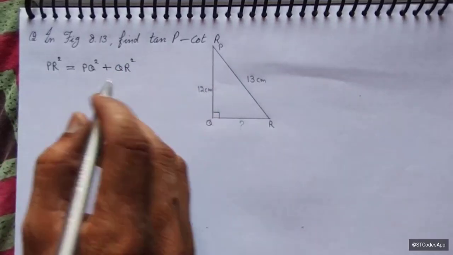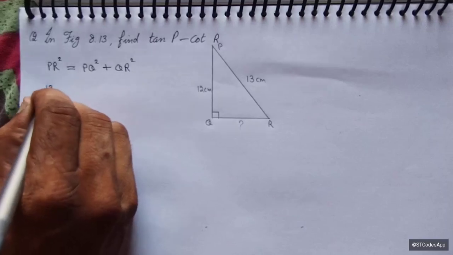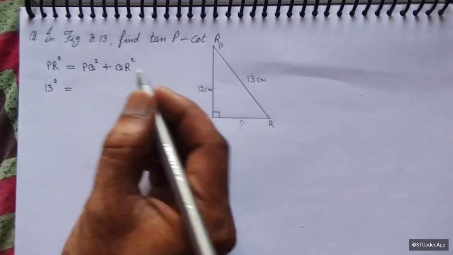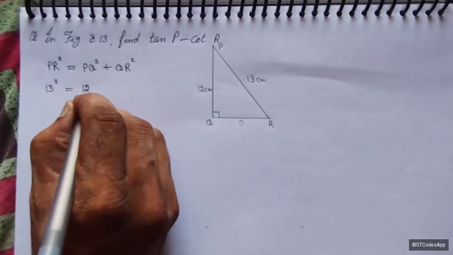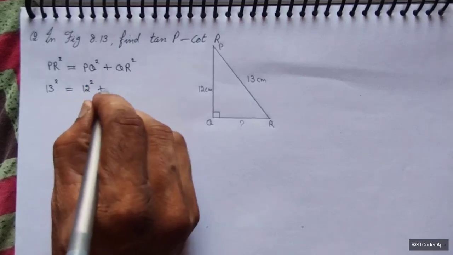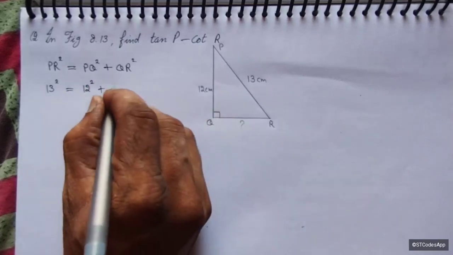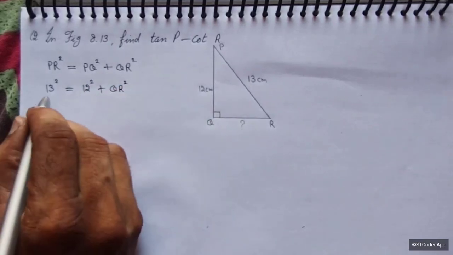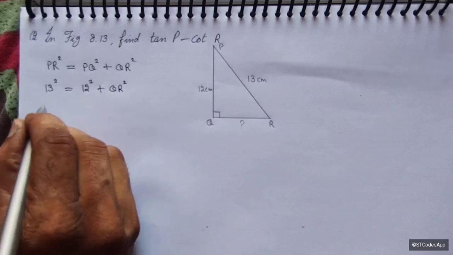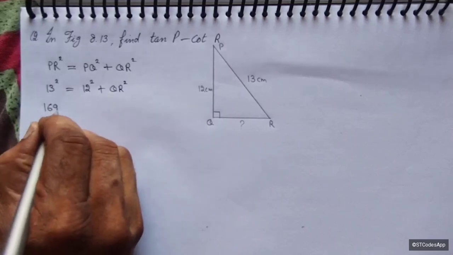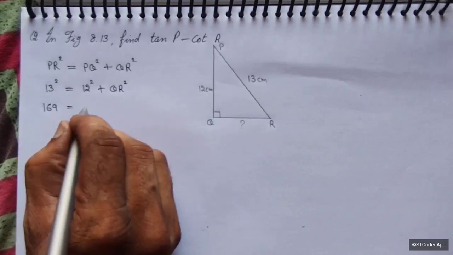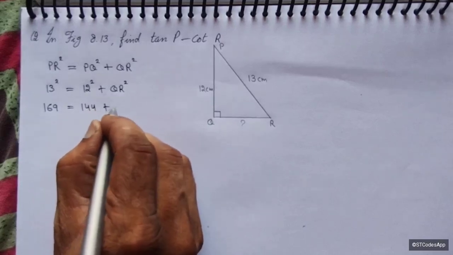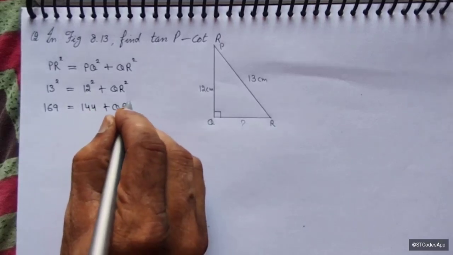So PR is 13 centimeter, square, is equal to PQ is 12 centimeter, square, plus QR. We have to find out QR, we don't have it. Now solve the square of 13. It will be 169 is equal to square of 12 is 144 plus QR square.